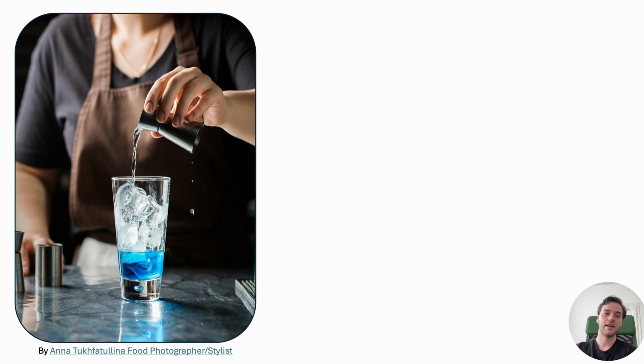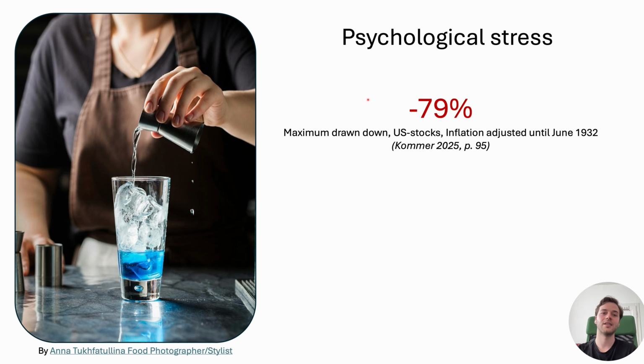And another good reason for us to include a higher percentage of safe parts in our portfolio is actually psychological stress. The maximum drawdown for the US stocks, inflation adjusted, lasted until June 1982.